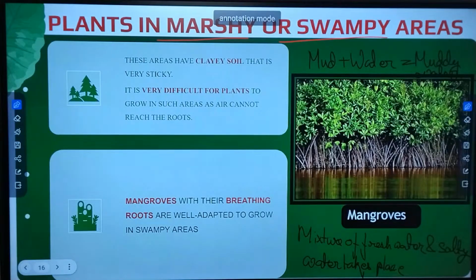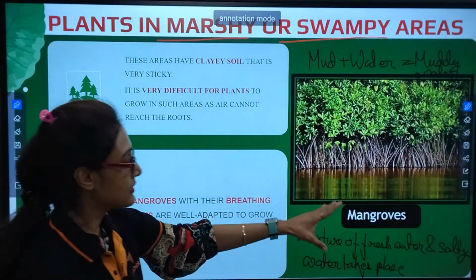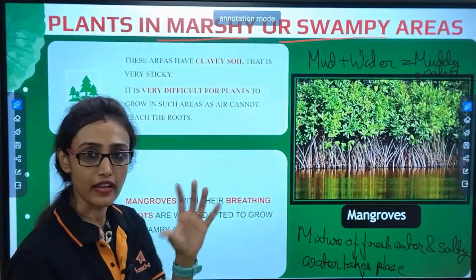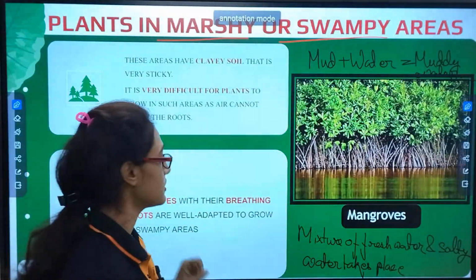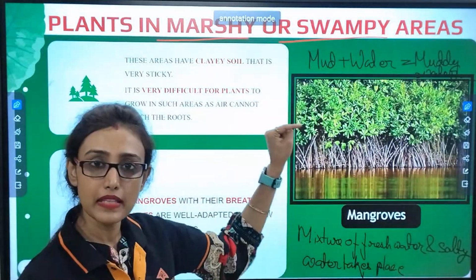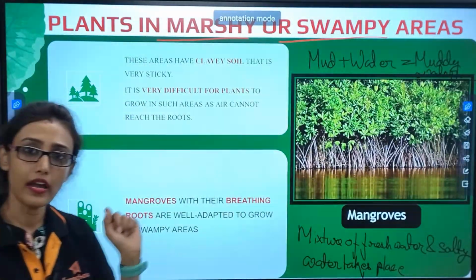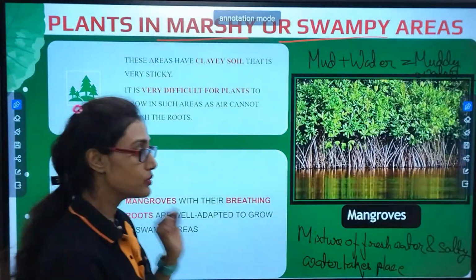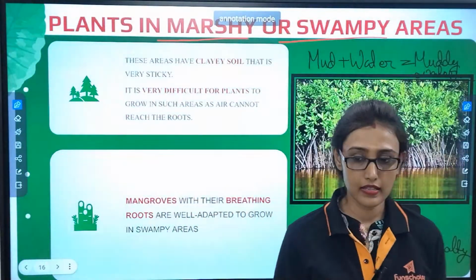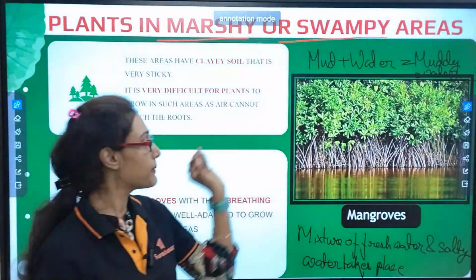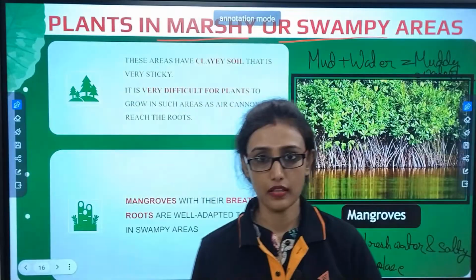Okay. So this kind of soil over here is very thick, very thick in nature. So air cannot pass through this soil easily. You know every living organism needs air to breathe, whether it be plant or animal.